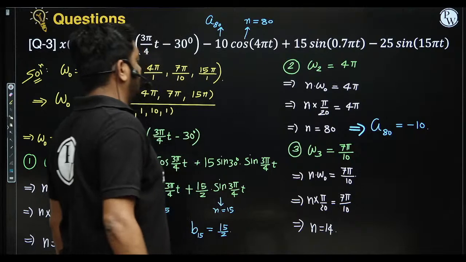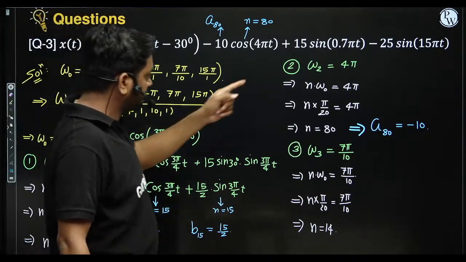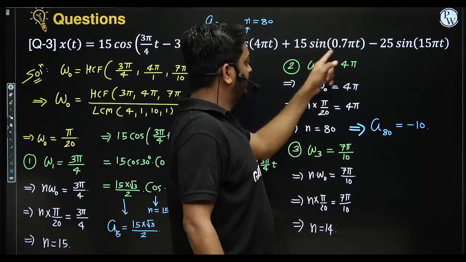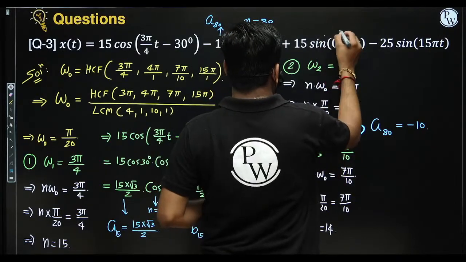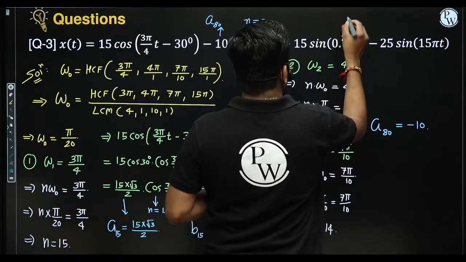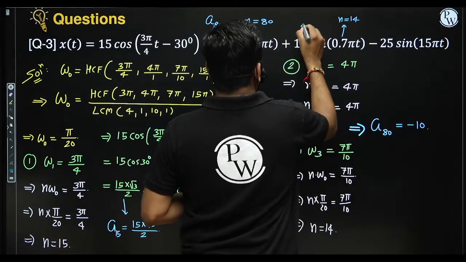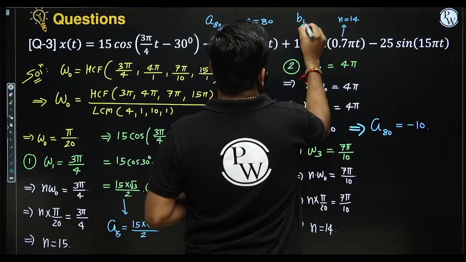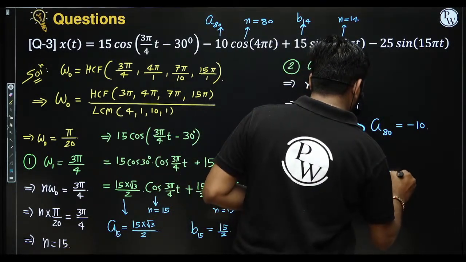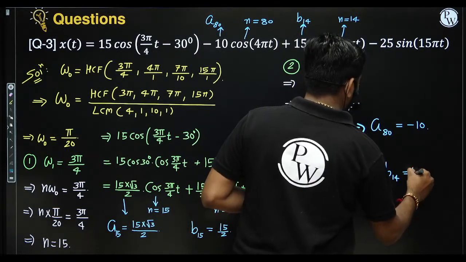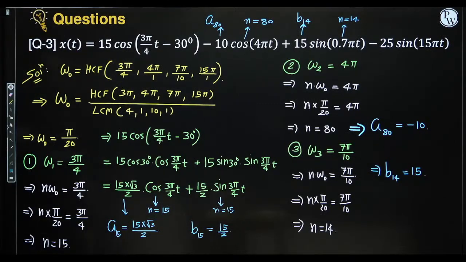It is 14, guys, n equal to 14. Okay, so what is the corresponding coefficient, guys? Here again there is no additional phase angle, so directly the corresponding coefficient. Here we got n equal to 14, guys. This is sine, so b14, correct? So you will get here b14 is equal to 15, guys. Got it? b14 equal to 15.